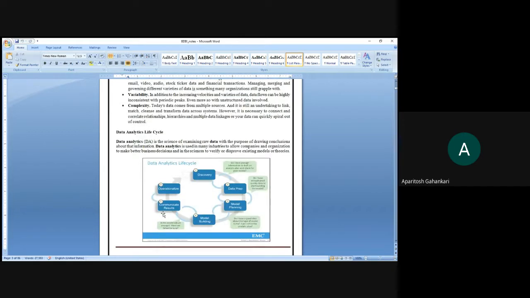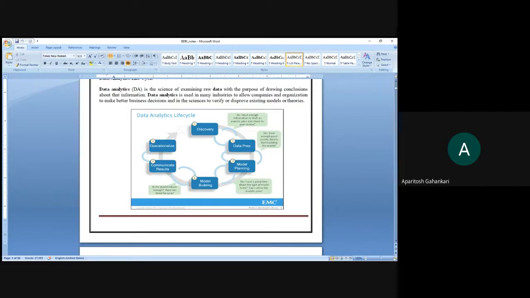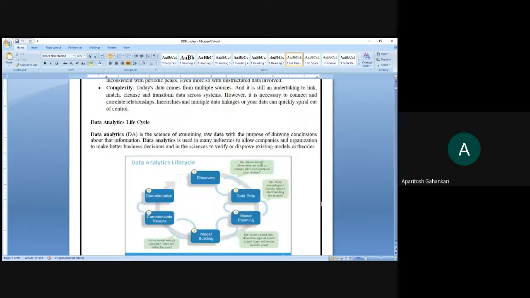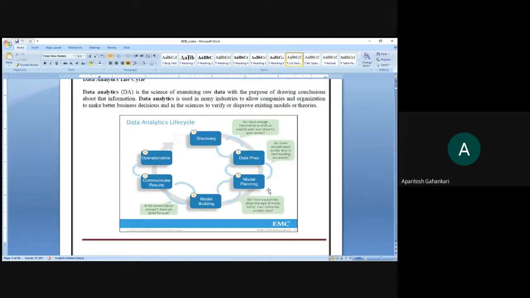Okay, now this one is your life cycle, the data analytics life cycle, how you are going to process the data. The figure I will try to enlarge for you, it may not be visible properly. It is taken from one of the available sources, and I have given the source name also. It is copyrighted material.